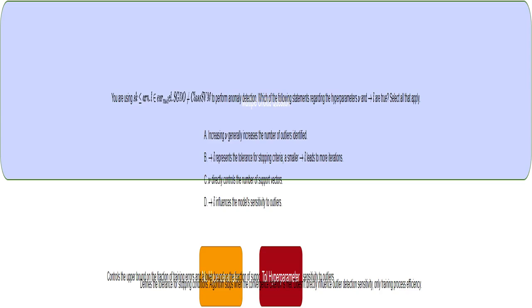The quiz will test my knowledge of how NU and TOL affect the algorithm's behavior. I'm focusing on the TOL, tolerance, hyperparameter. This parameter controls when the SGDOneClassSVM algorithm stops its iterative training process. A smaller TOL means I require more precision. The algorithm keeps going until it reaches a tighter convergence criterion.